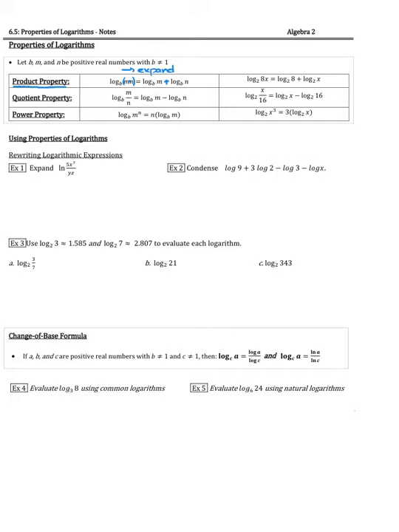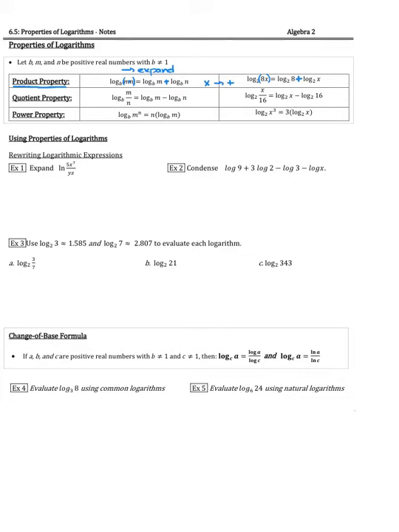So if you are multiplying the terms in your log, then you expand it with addition. So for instance, in the example we have here, log 8 times x gets expanded into log 8 plus log x. So multiplication goes with addition.